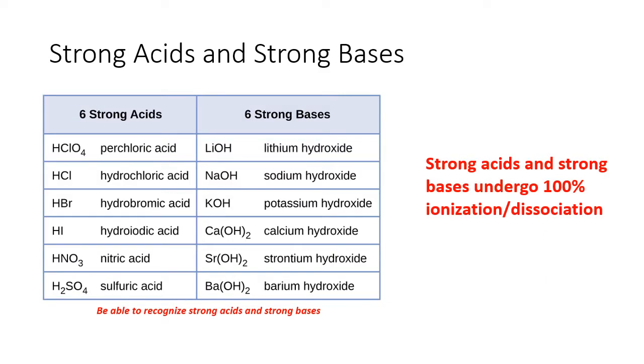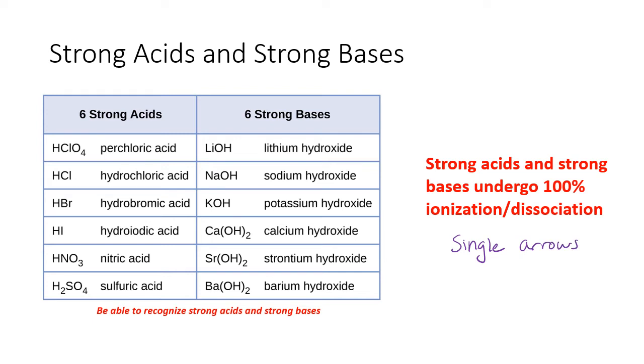This list is just a reminder of the common strong acids and strong bases you want to be familiar with. All of these species listed will undergo 100% dissociation in water. So they break up fully, and we only use single arrows when we write them.